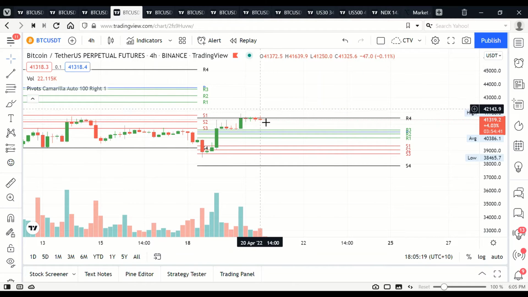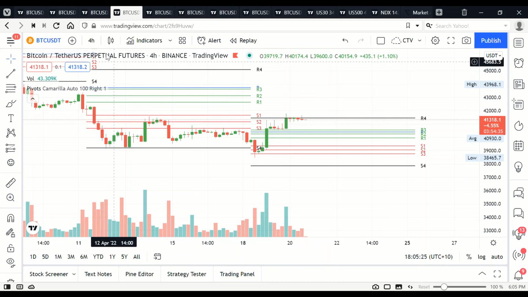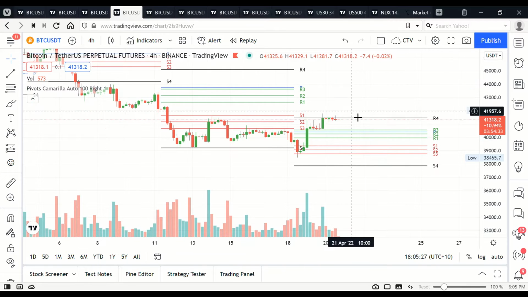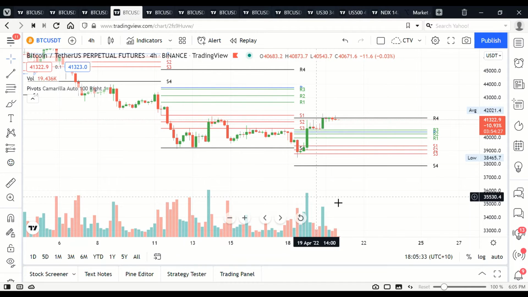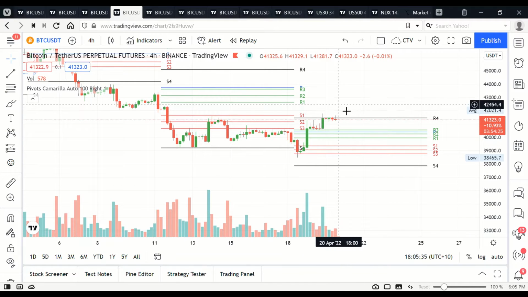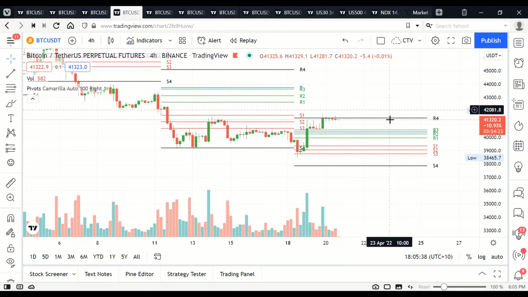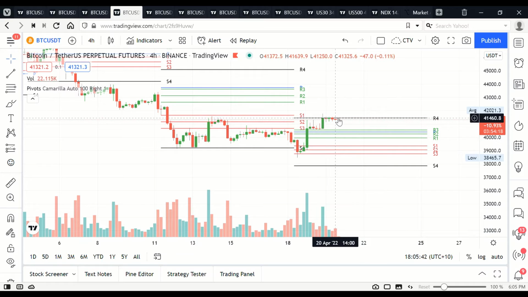So any positive closure above R4 is considered a good bullish case for this particular week because it's a 4-hourly chart. So if it can put one more bull candle like this, one more leader candle like this, the leader candle will set the trend for the rest of the week. That means it will go positive mode. But at the moment, it looks like it may eventually consolidate a bit before taking further moves.